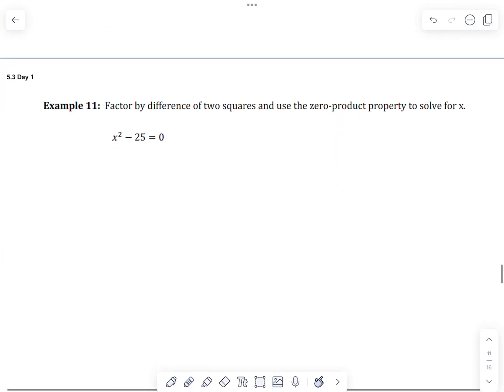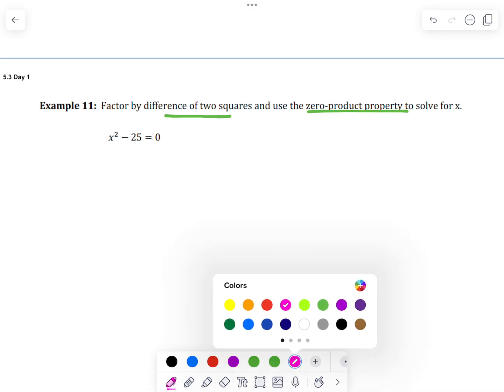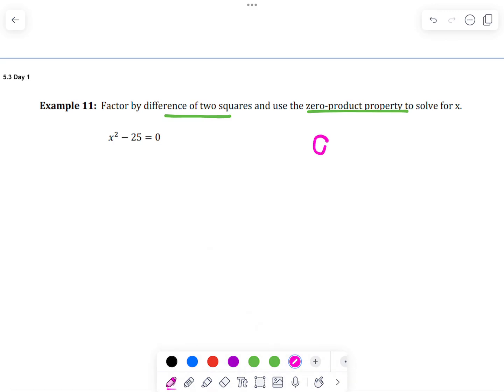One example left here. We're going to now use the difference of two squares and the zero product property. So remember the rule for the difference of two squares. If you have two perfect squares with a subtraction sign in between, in factored form, it would be a plus b quantity, a minus b.